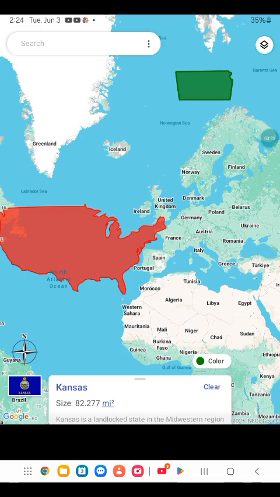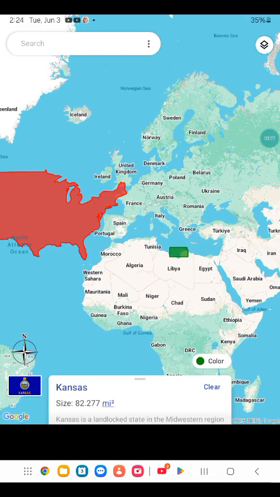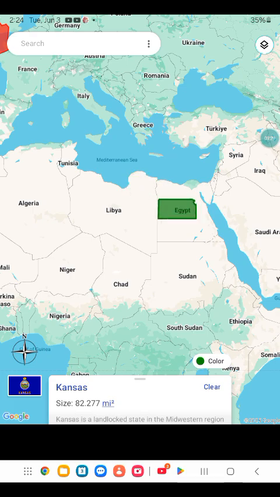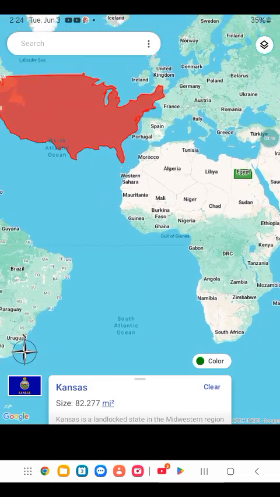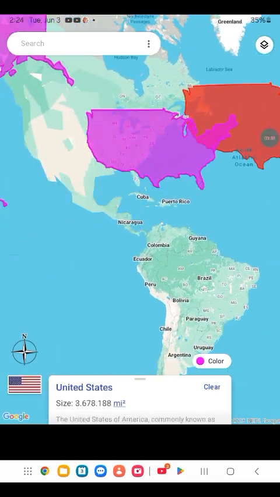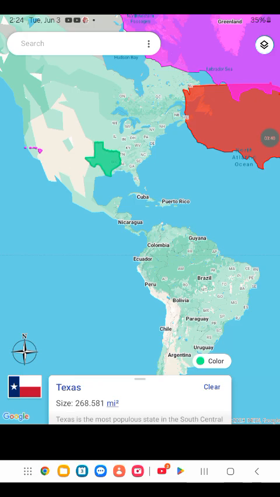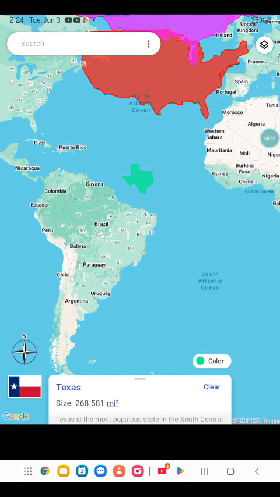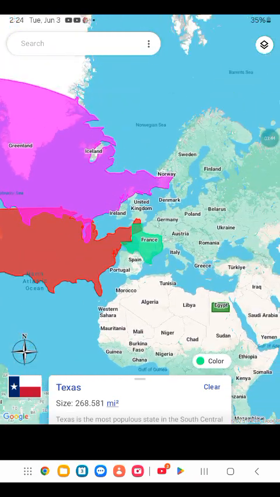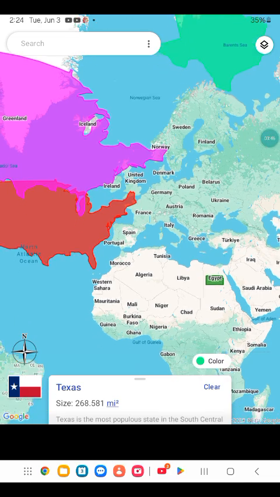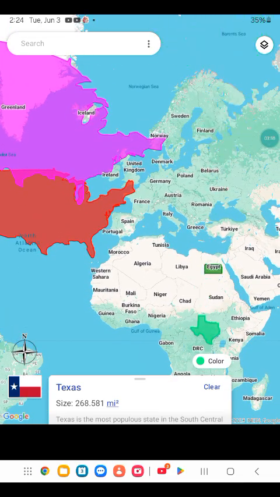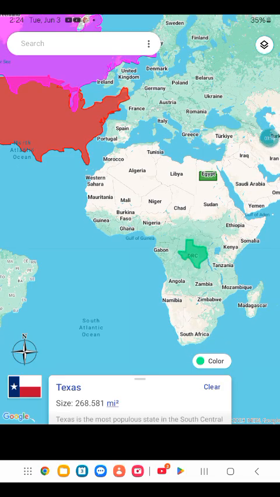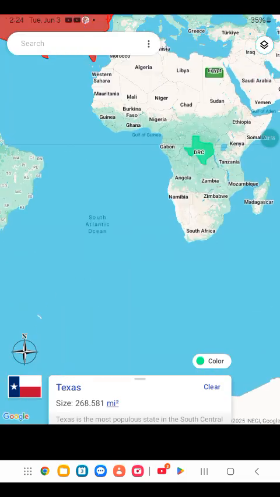But actually when you bring it down here, it's smaller than Egypt. Texas. When you bring it up here, it looks bigger than DRC. But when you bring it down, it's smaller than DRC.